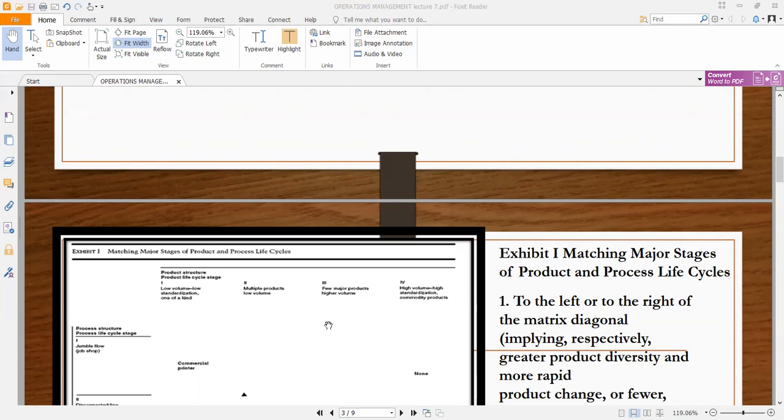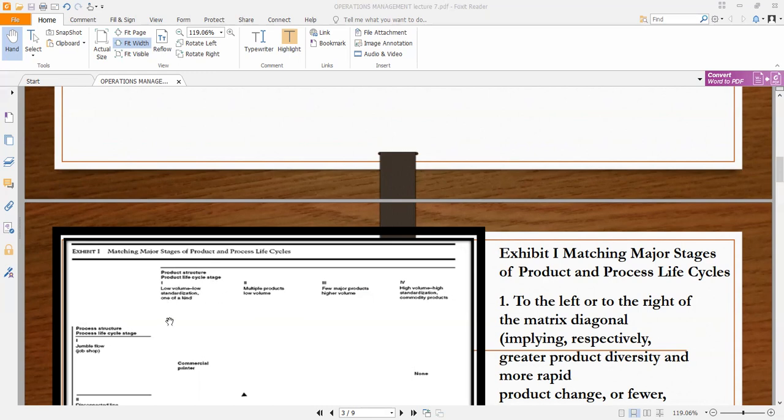Now let's explore Exhibit 1. Let's look at the matrix. We've got matching major stages of production and process life cycle. In the first stage, we have the product structure, product life cycle stage 1.